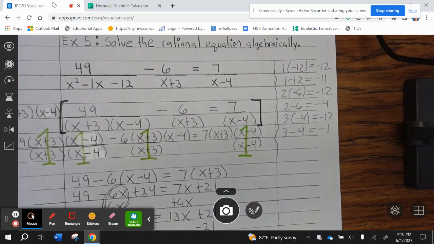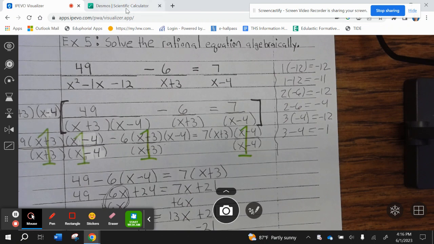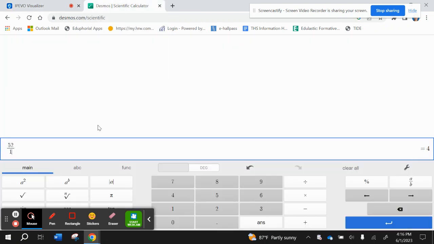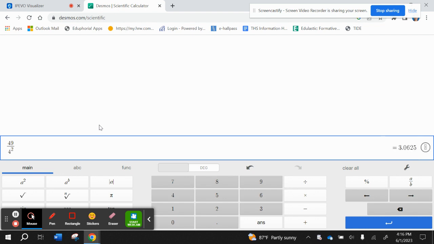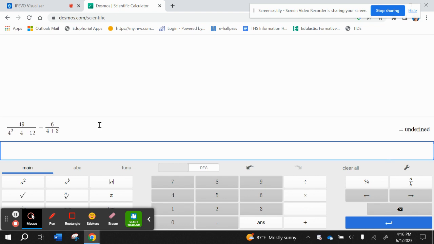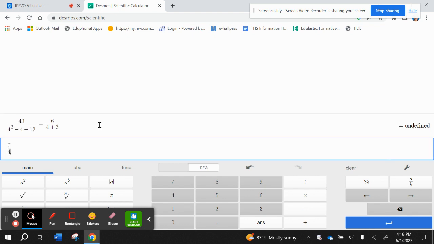If I plug this number back in, it should make the left side equal the right side. So let's do that, okay? So I'm going to do 49 divided by (4 squared minus 4 minus 12), minus 6 divided by (4 plus 3), and then 7 divided by (4 minus 4).